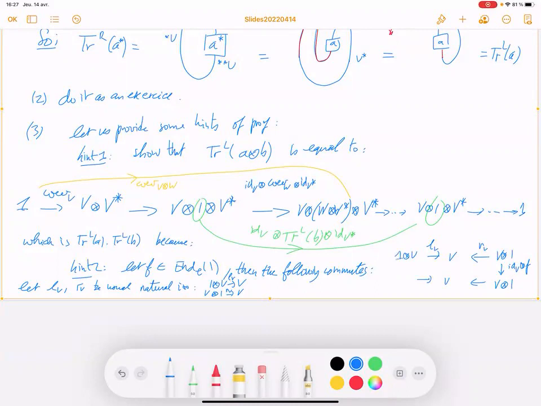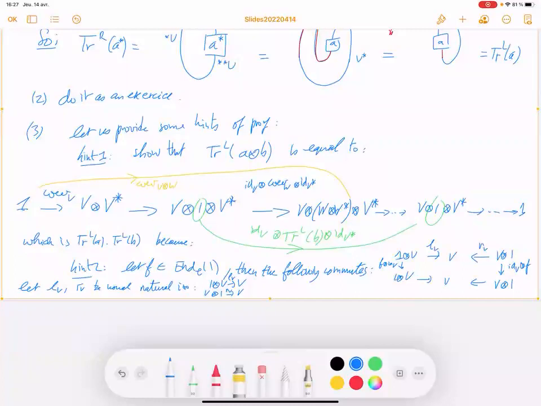And then here you apply F tensor ID V. And this commutes.